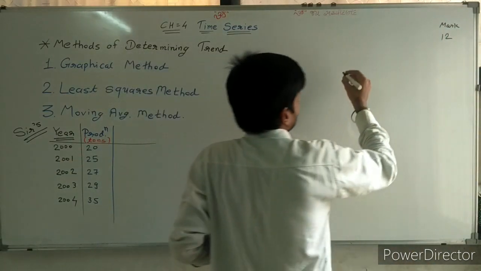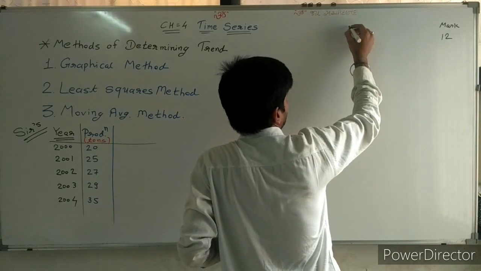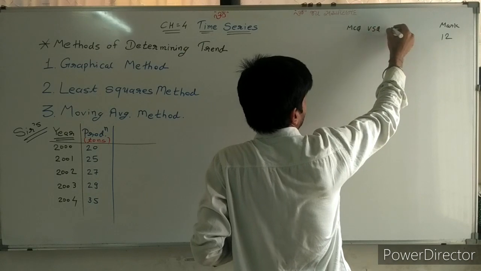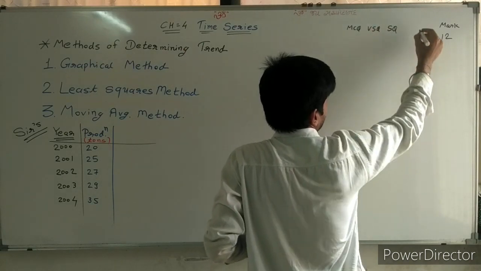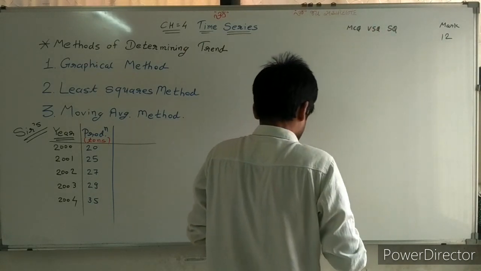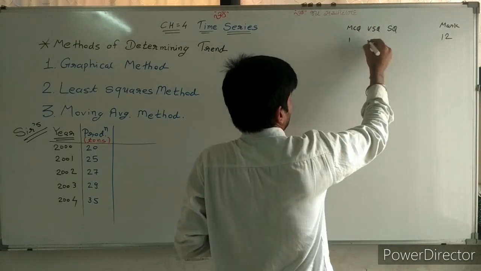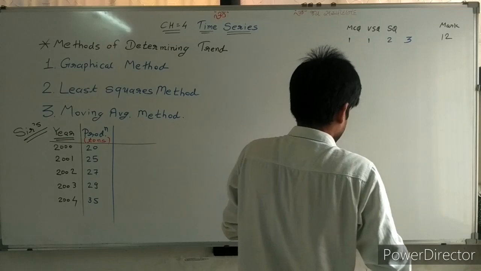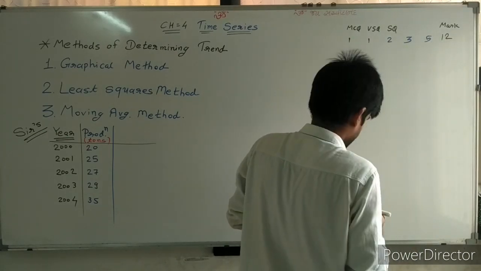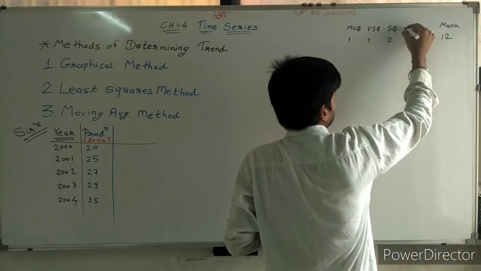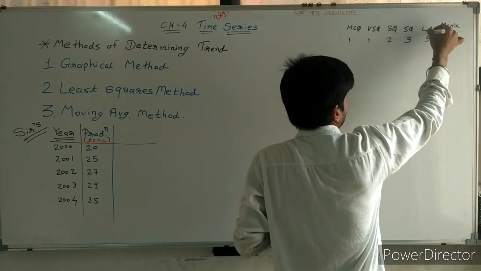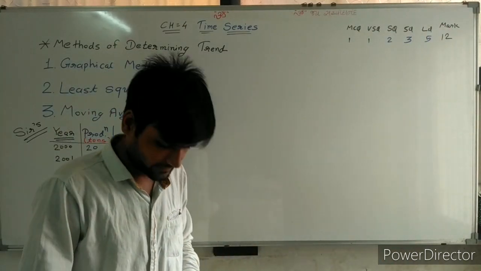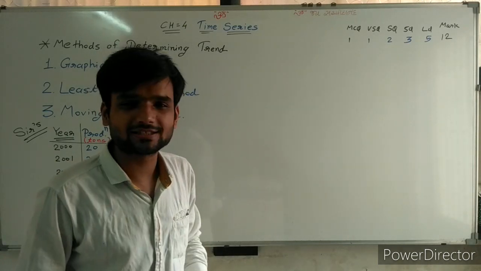Again, MCQ, very short question, short question: 1 mark, 1 mark, 2 marks, 3 marks, and 5 marks. Total 12 marker chapter.